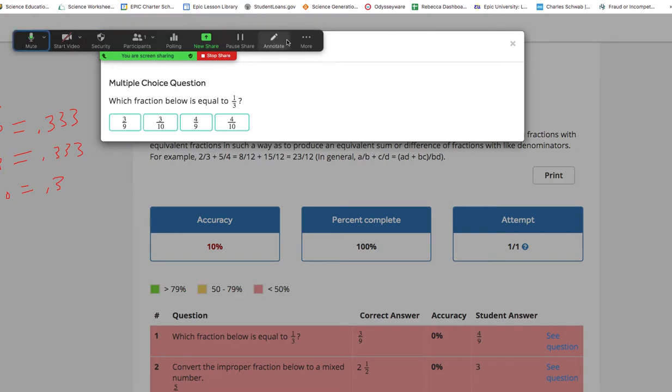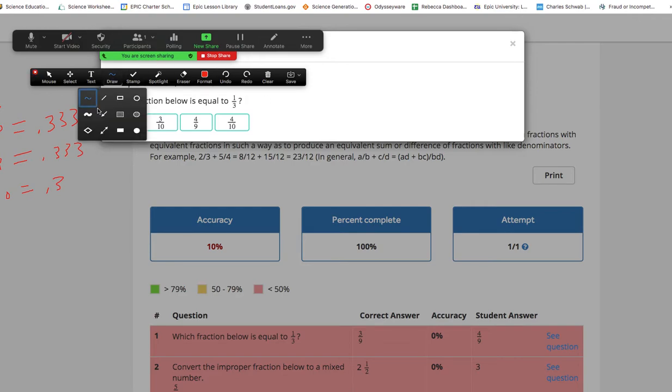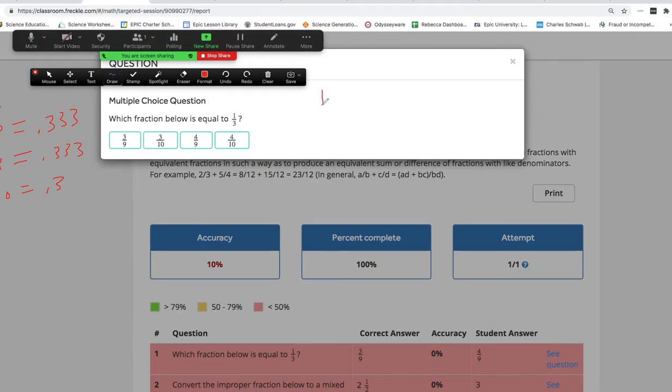Here's another way to do it. If I said 1/3, and I said, let's say, times 2, that's going to be 2/6.